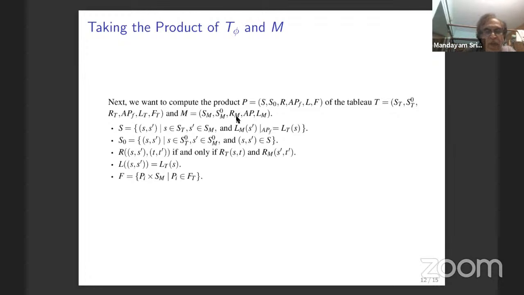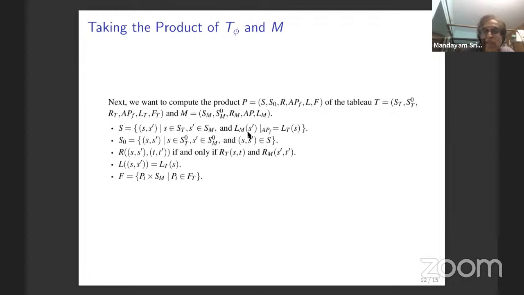It has its own relation. This has the relation as constructed for the tableau. So the states of the product machine are just the cross product of the states of this, but there is a constraint that the atomic predicates in the state will have to correspond.